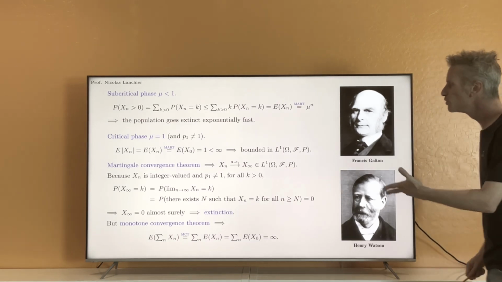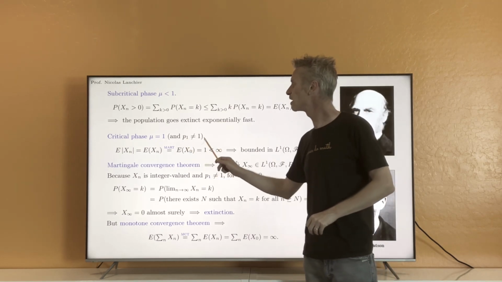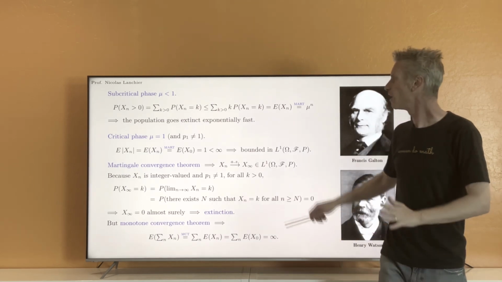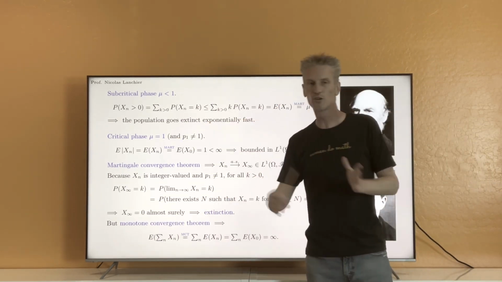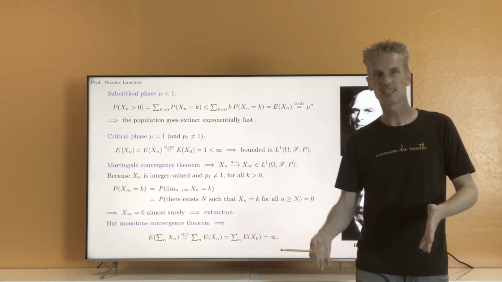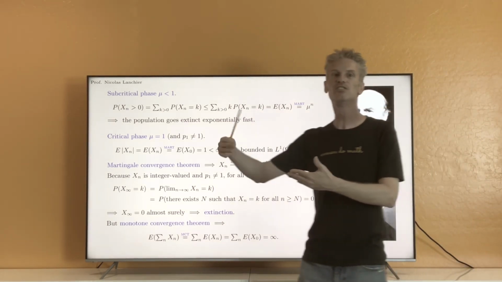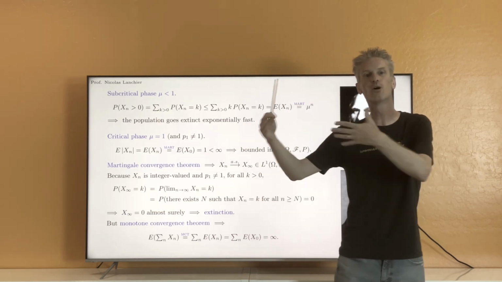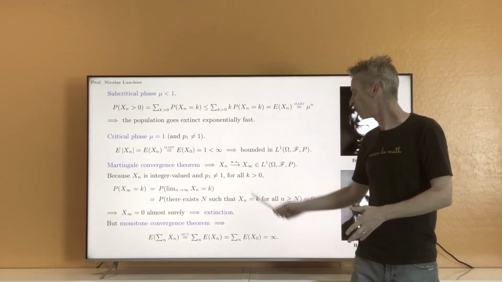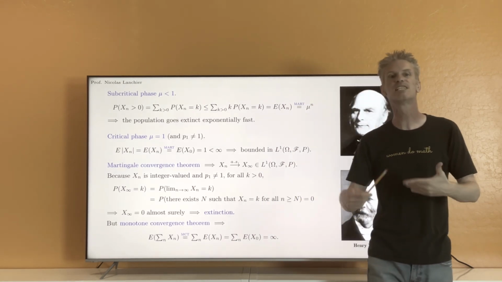So conclusion, in the critical phase, excluding the case where p1 equals 1, in which case the process is just deterministic, we conclude that the cumulative number of individuals in the process is almost surely finite, but infinite on average. And so what this shows is that, like in the subcritical phase, we have almost sure extinction. But unlike in the subcritical phase, because this expected value is infinite, we do not have exponential decay of the population.